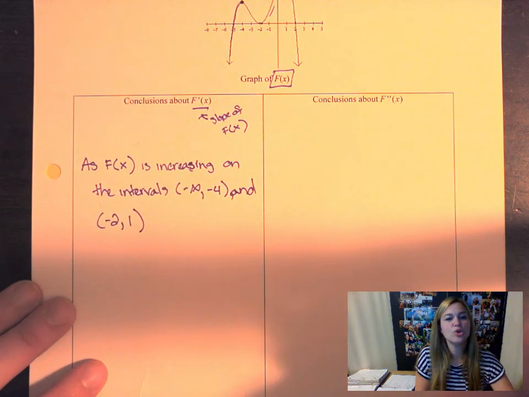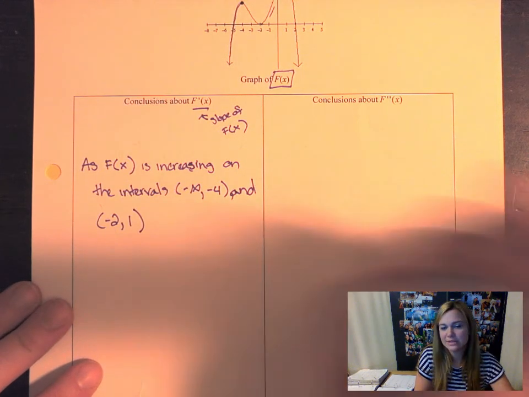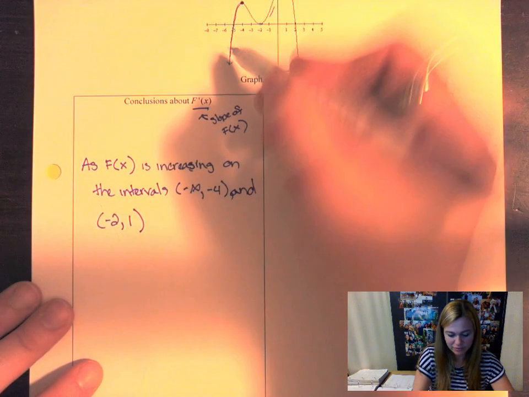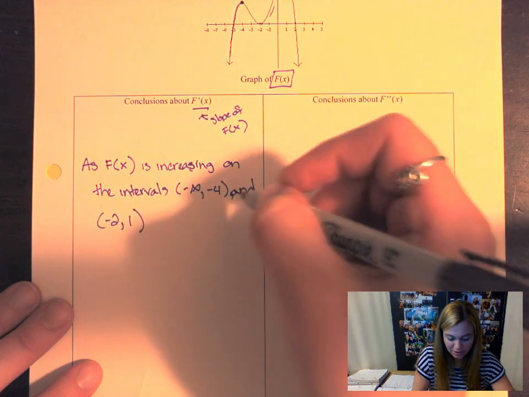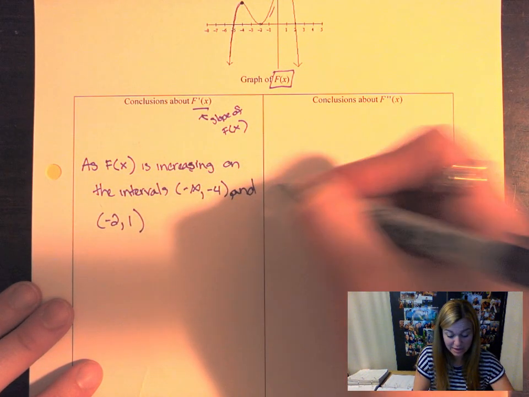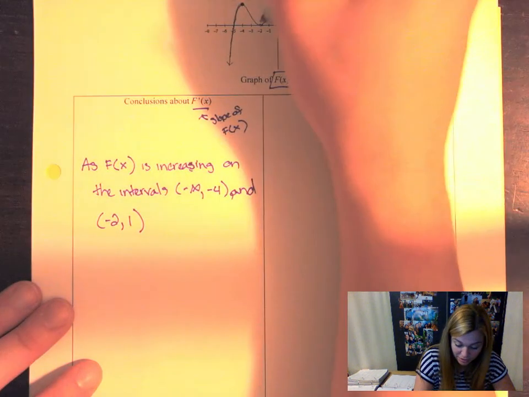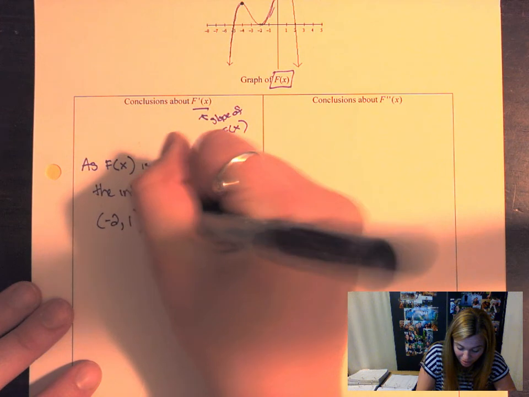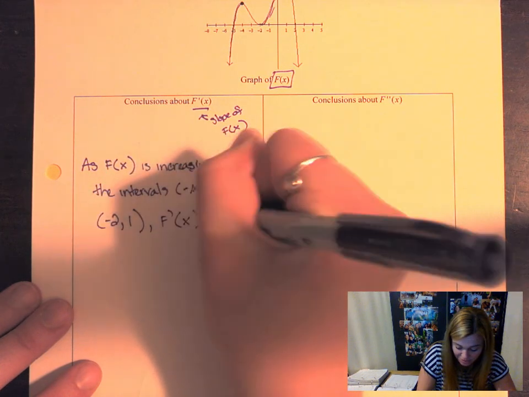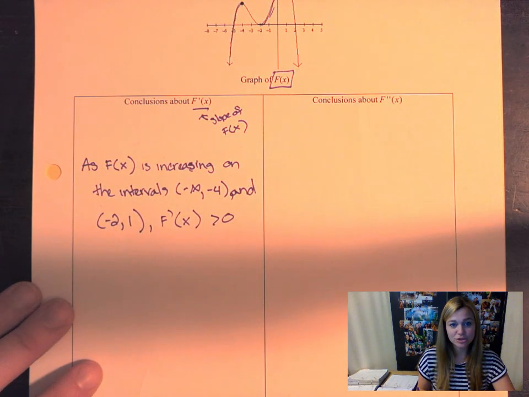You don't want to use unions in here because that would mean it was ever increasing, and this is not. I can see these values are below these ones. So f of x is increasing on the intervals negative infinity to negative 4, and negative 2 to 1. Then f prime of x is greater than 0. That's my conclusion. You could have said f prime is positive.